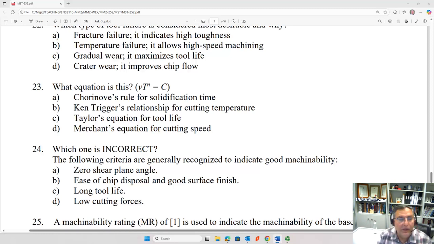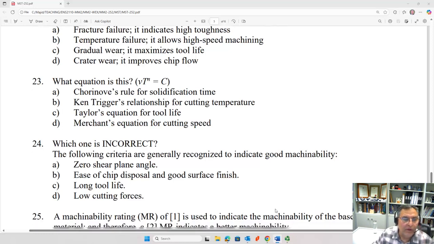And then B is cheap disposal and good surface finish. C, long tool life. And D, low cutting forces. So we've got to find the incorrect choice, and that is obviously A, which is giving us an impossible scenario.